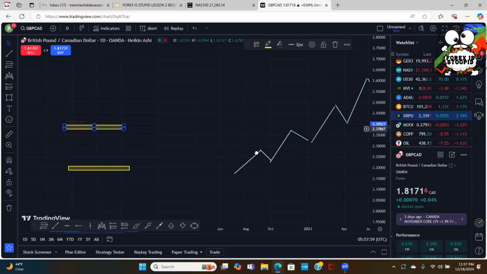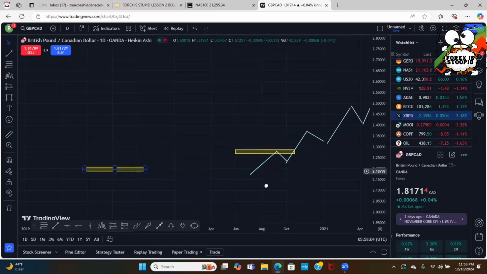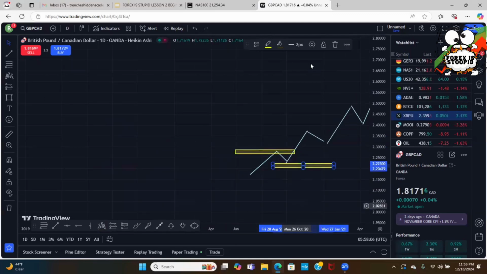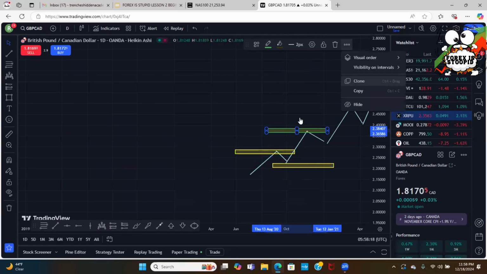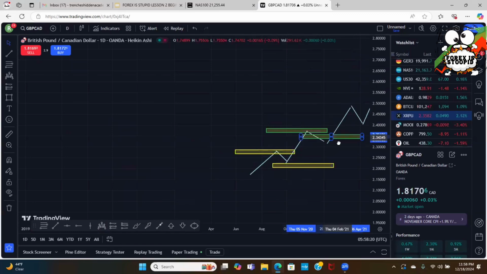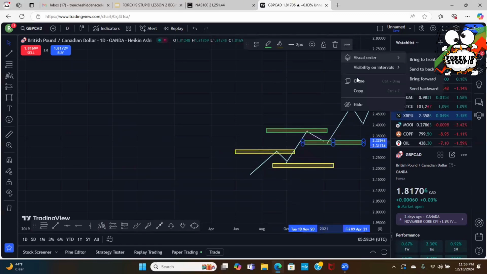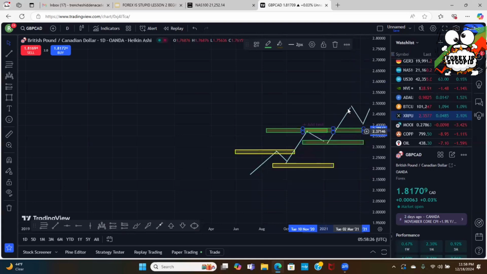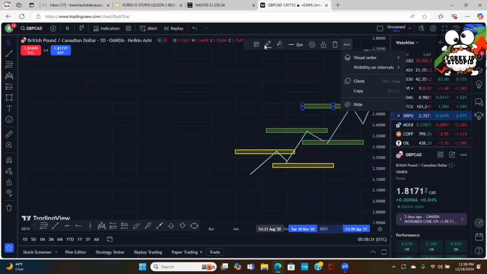Just doing this. Mark it like the previous high, previous low. You can change the colors. We're not getting in anywhere right now. Previous high, previous low. I mean new high, I keep saying new high, and then followed by a new low.